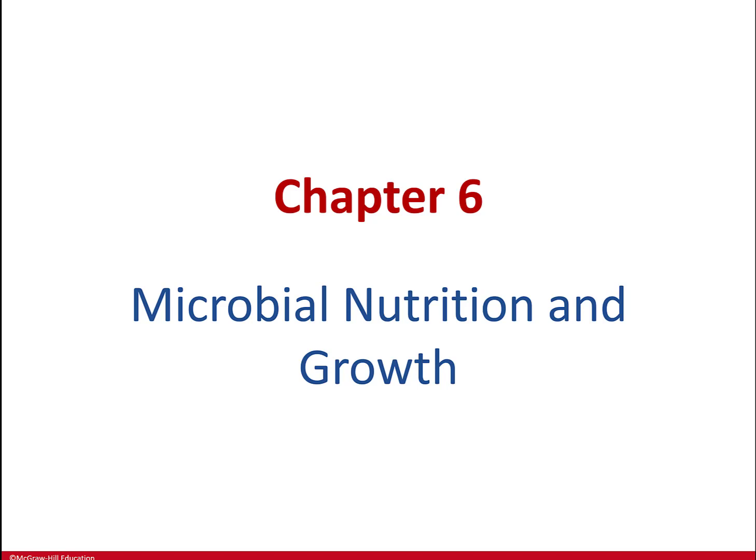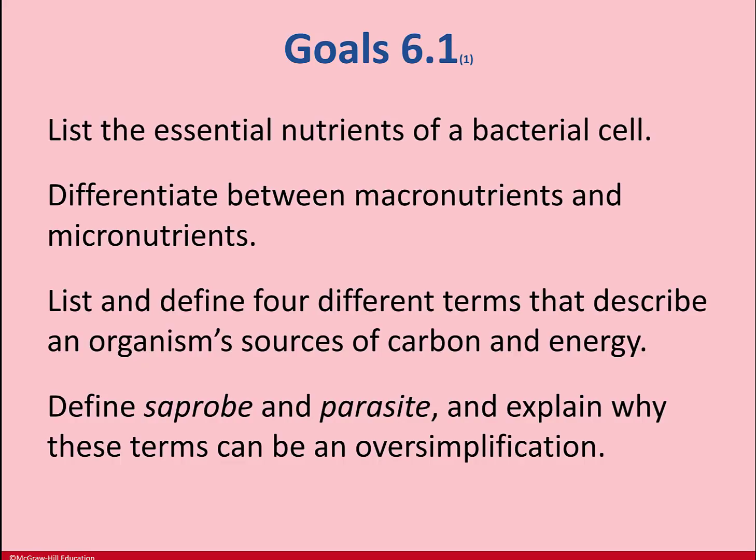And what does that entail? So, our objectives are that we have to look at the essential nutrients that bacteria need. And we're going to talk about macro and micronutrients in terms of the amounts that they use. We'll talk about terms that describe the organism's sources. Now, in the lingo of a microbiologist, we say, well, this sugar is the carbon source.